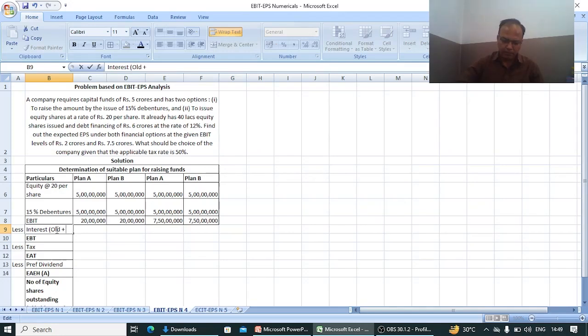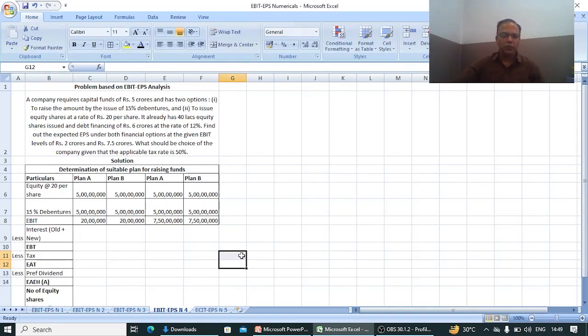Old is 40 lakh equity shares, it already has 40 lakh equity shares and debt financing of rupees 6 crore at 12%. It means 72 lakh.